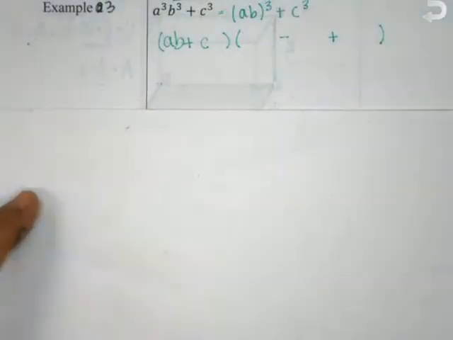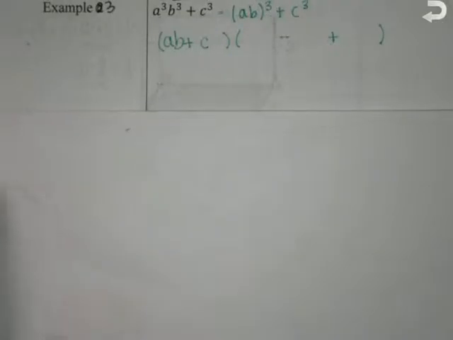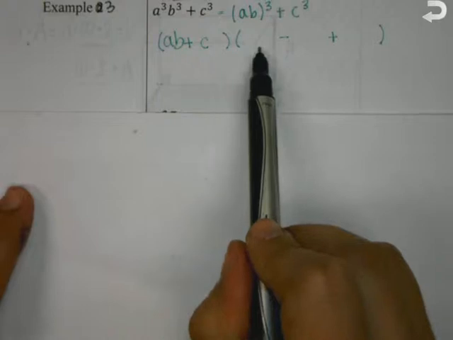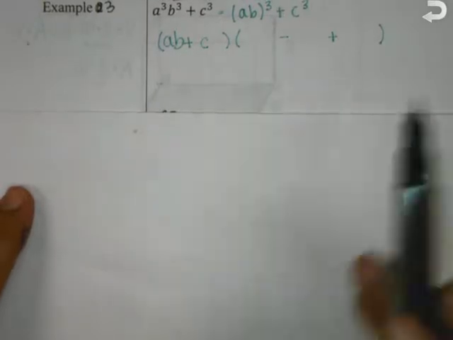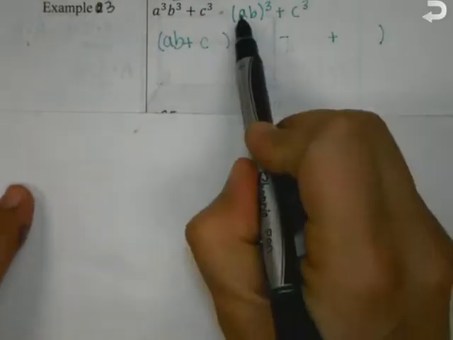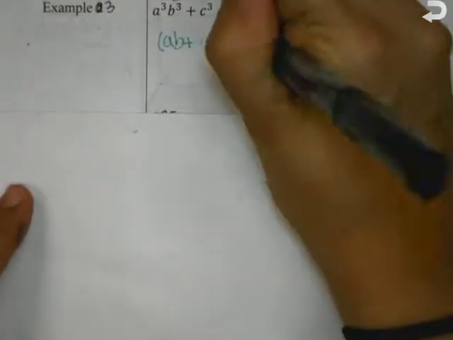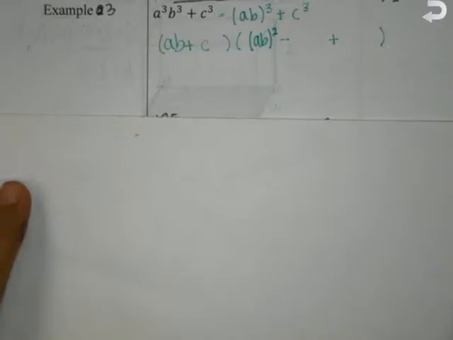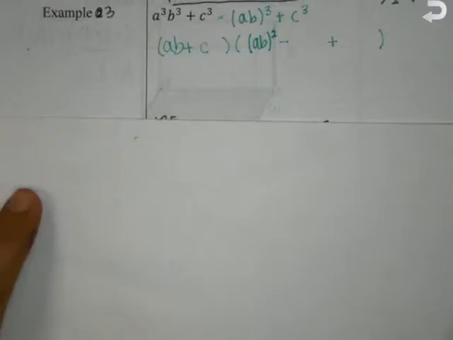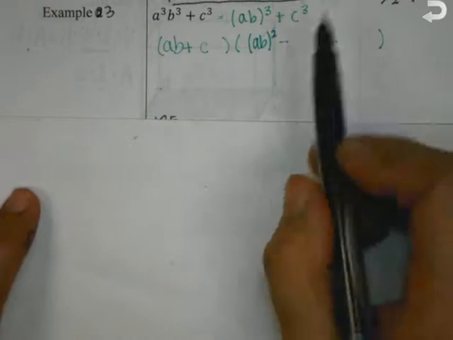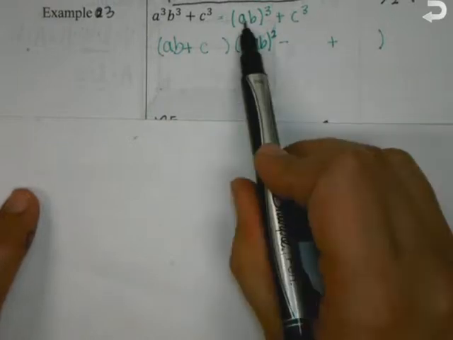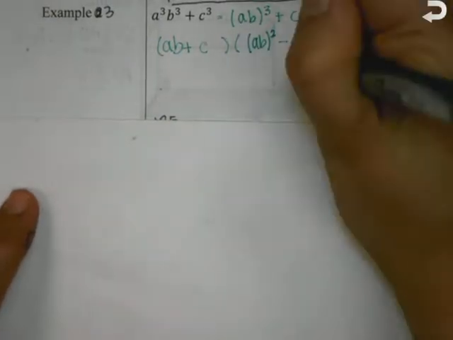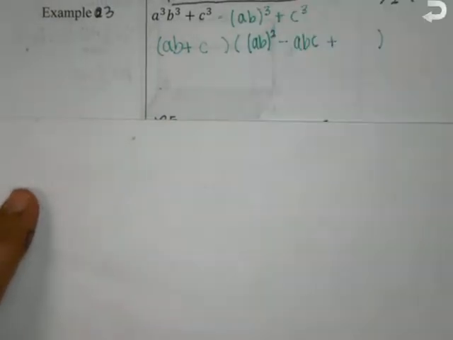In the larger parentheses, our first blank is going to be base 1, all of it squared. So make sure you put AB in parentheses squared. The middle blank is base 1 times base 2, so it's just AB times C. And then the last one is second base C squared.